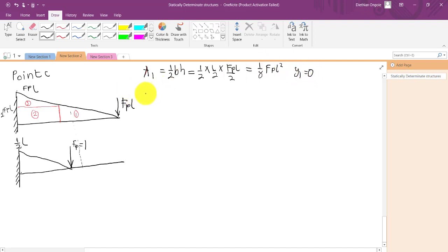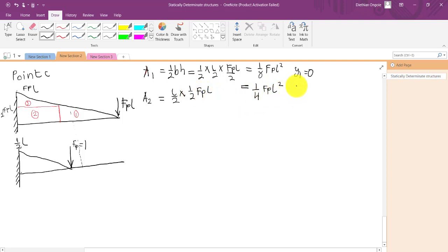Then we come to the second shape. A2 would be equal to base times height, that would be L over 2, then times the height, which would be a half FPL. So this one here would be giving us a value of 1 over 4 FPL squared.